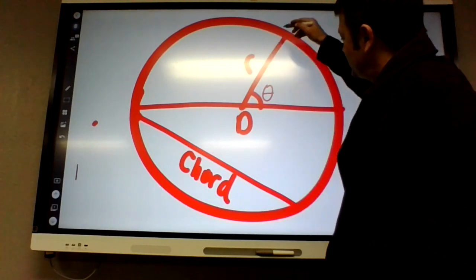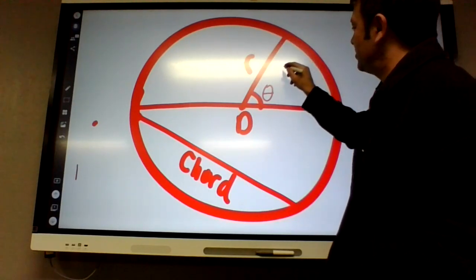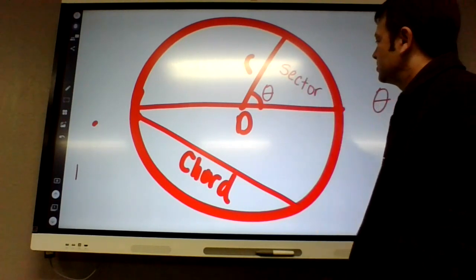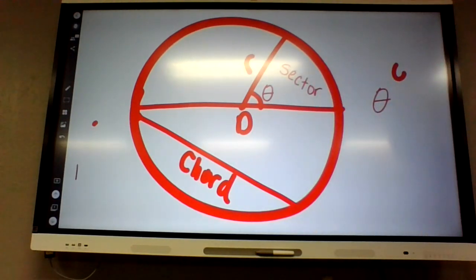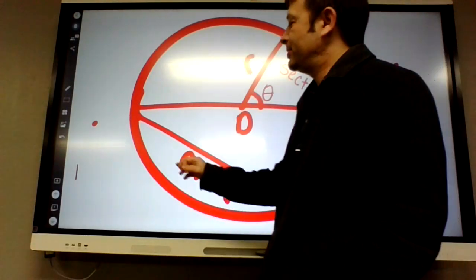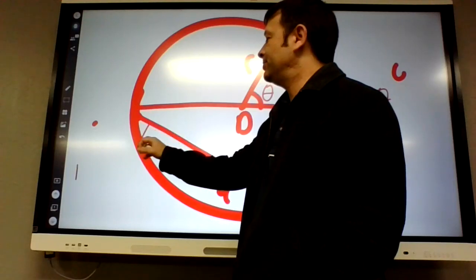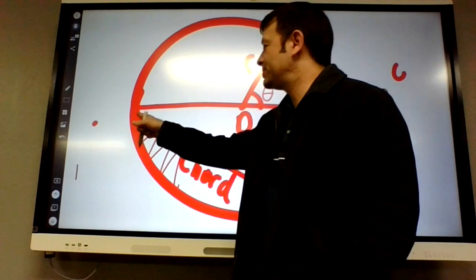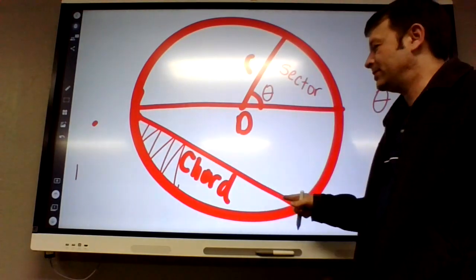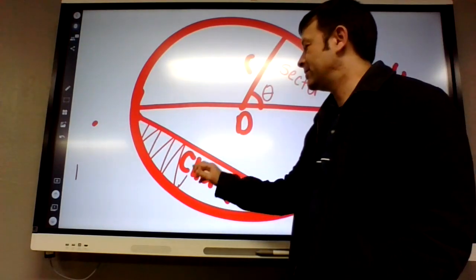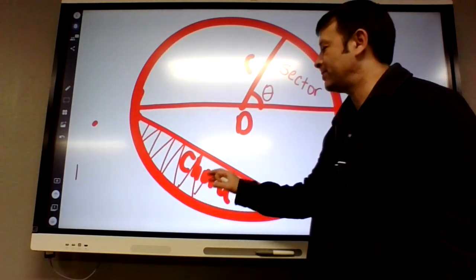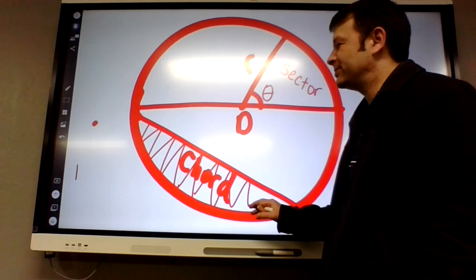Okay, this piece of pie in here is called a sector. And now this is the only book that I've ever heard use this term. Because you could say this chord is a line segment, right? But this little piece that the chord cuts out, they call this a segment of the circle.